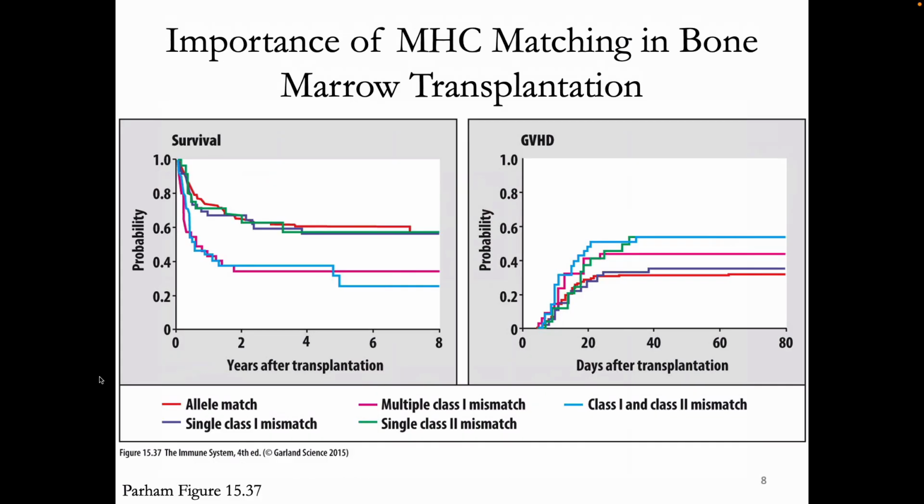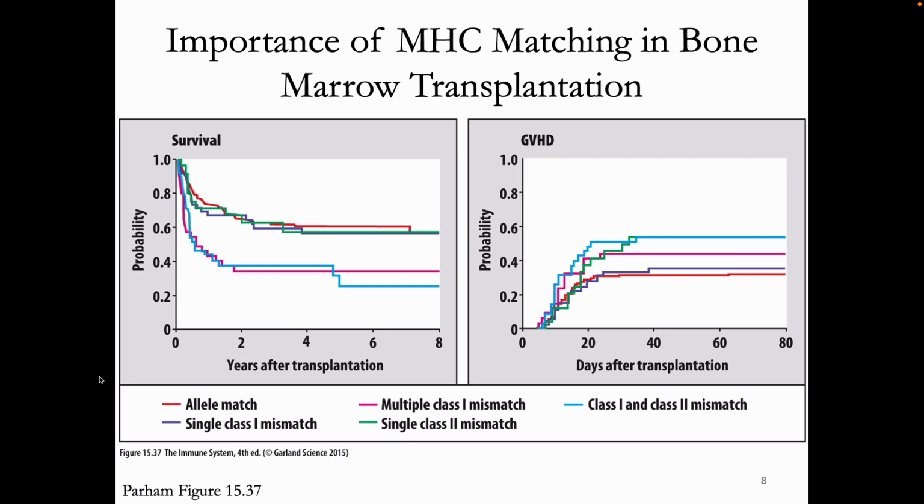And so what you can see is that this is showing you the survival of the graft on the left-hand side. The red, this color blue, and the green are either a perfect match, a single class 1, or a single class 2 mismatch. And you can see they're all pretty much identical.